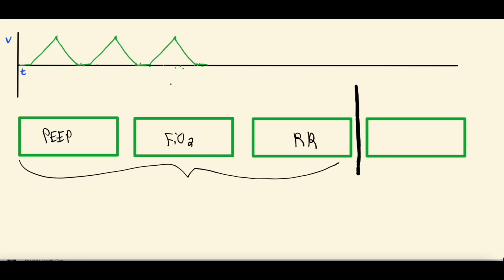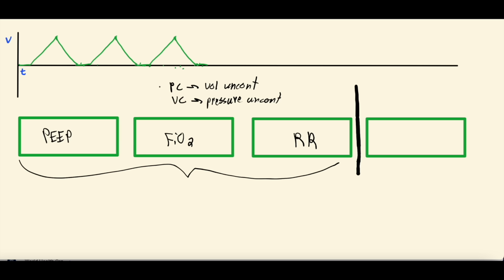These 3 are all present in both pressure control and volume control, right? Volume control being you control the volume, and the uncontrolled variable is the pressure, whereas pressure control, you control the pressure, and the uncontrolled variable is the volume. And we'll talk more about this in a second.